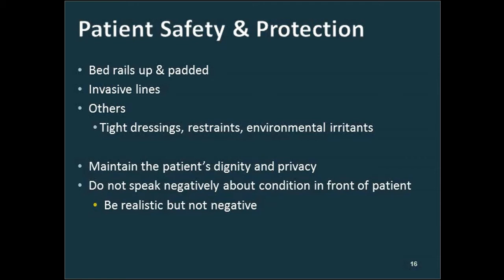And I don't mean confused altered, I mean comatose. They cannot protect themselves. We have to be their protection. So we have to assess for things like swelling. A lot of times if they have an altered mental status or they're comatose, then we have problems with third spacing.